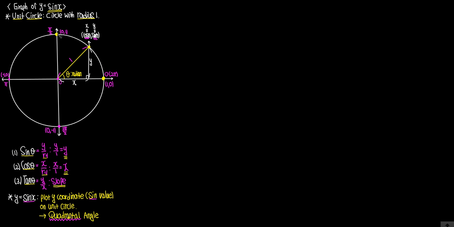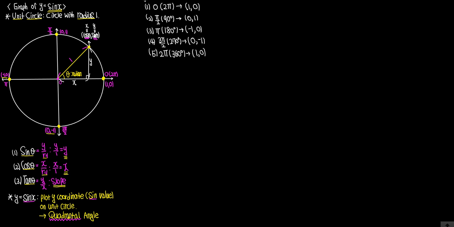And when we rotate 90 degrees and reach pi over 2 radians, with the coordinate (0, 1), and after we rotate 180 degrees total, which is pi radians, where the coordinate is (-1, 0), and lastly, (0, -1), where the angular rotation is 3 pi over 2 radians. And using these points, which are totally 5 points, including 2 pi radians, we'll be able to graph the collection of y coordinates, which is the y is equal to sine x graph on the coordinate plane.